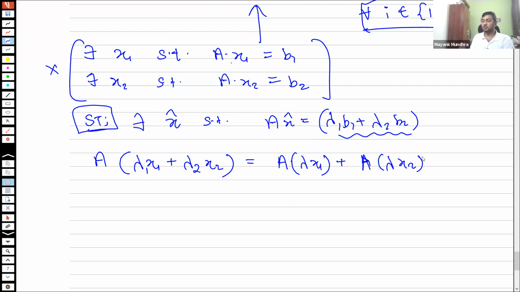This comes from the distributive property of matrix multiplication. So this becomes lambda 1 times A x1 plus lambda 2 times A x2.